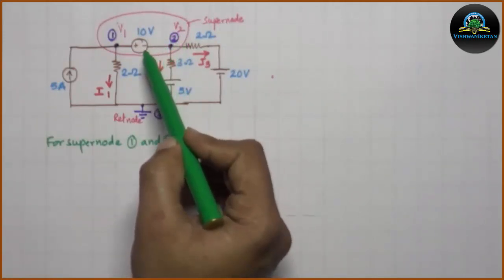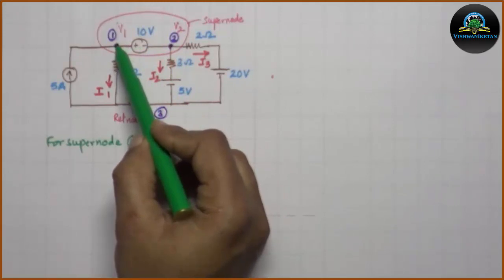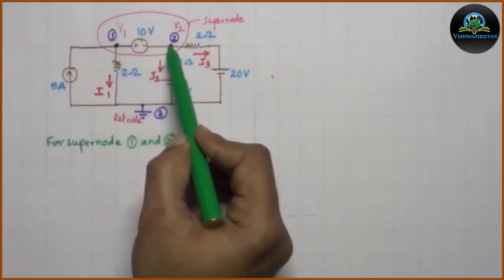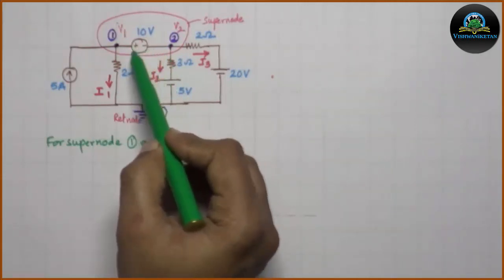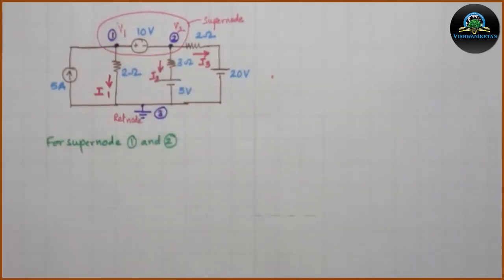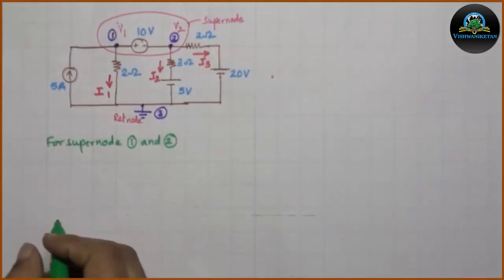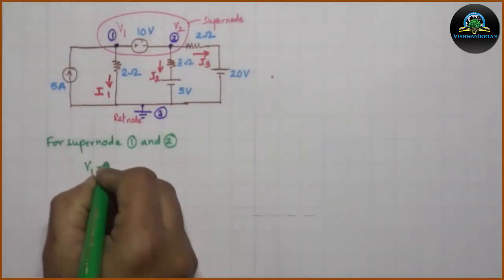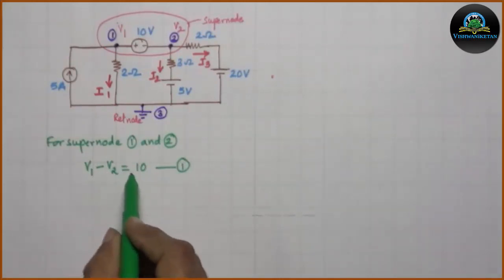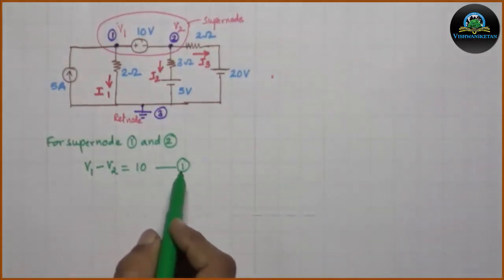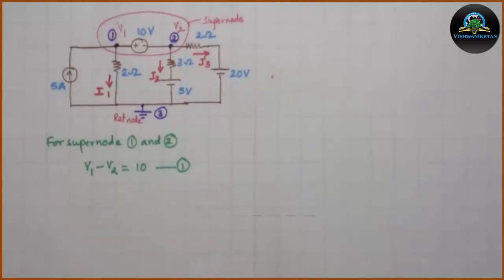Also, this indicates that the potential difference between 1 and 2 nodes is 10 volt. Hence, by this conclusion, we can write down the equation for supernode as V1 minus V2 is equal to 10, which is our equation number 1.